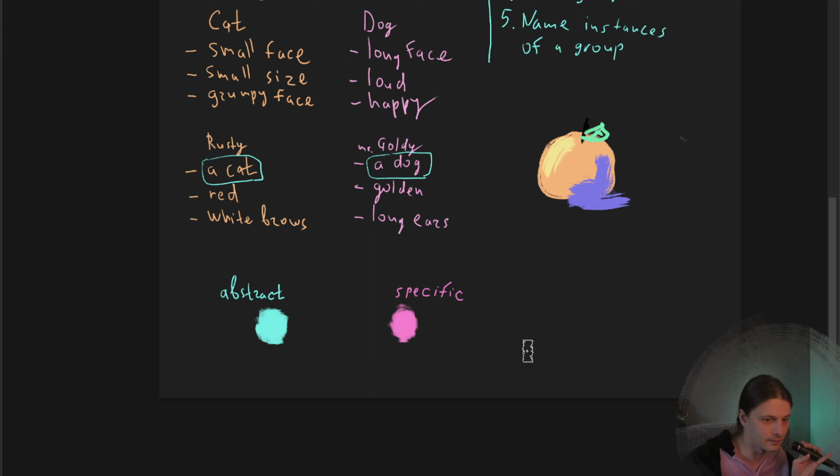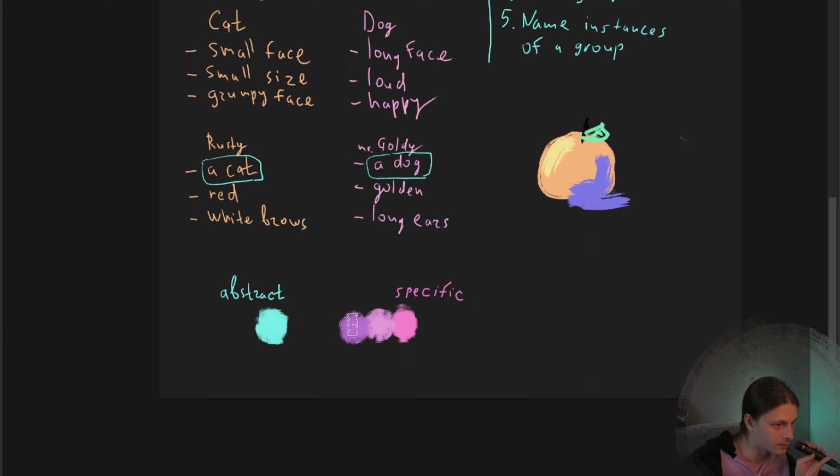And at this point we may want to draw something like this, and let's try to connect the dots.